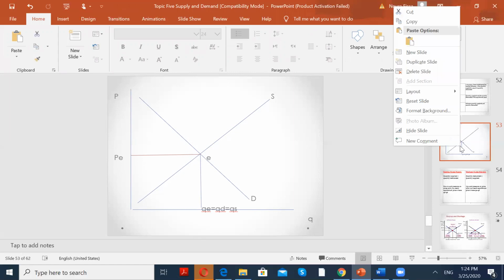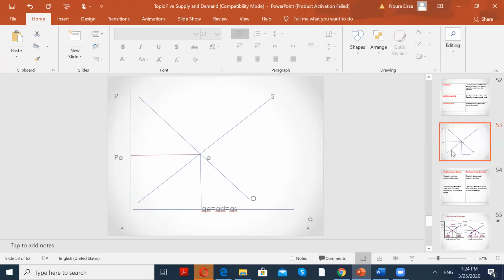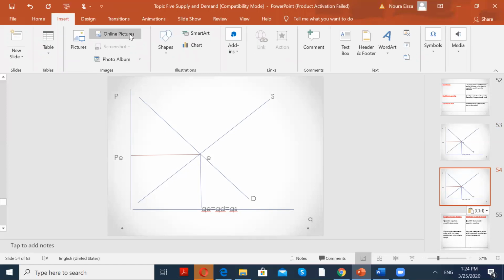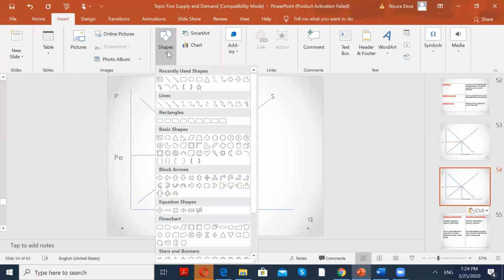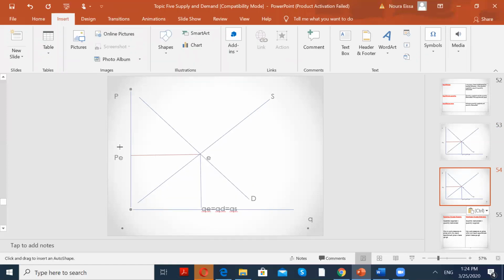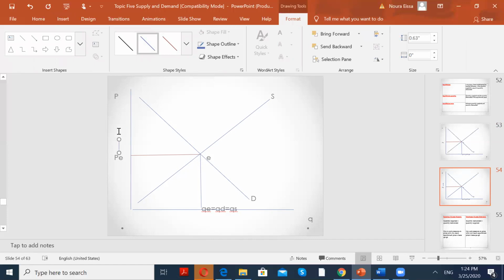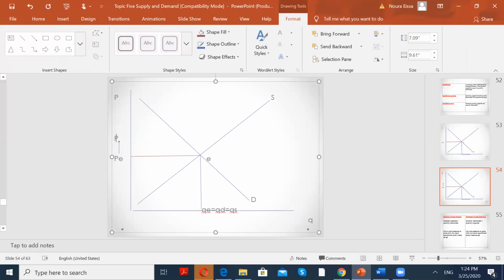Okay, I will copy this and graph another. If we have the same graph here, let's say I tell you prices have increased above equilibrium. How are you going to show this on your graph? Prices have increased above equilibrium. So show any increase in price. If this is equilibrium price, then let's say this is P1, prices have increased.